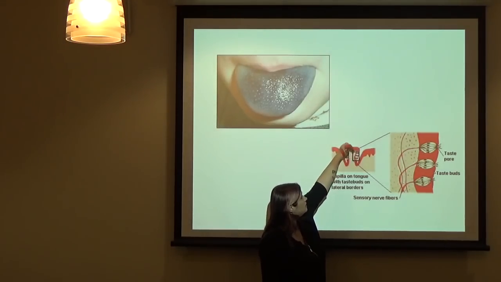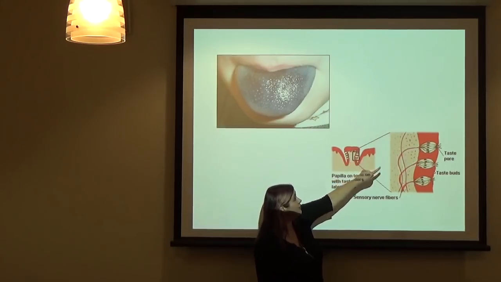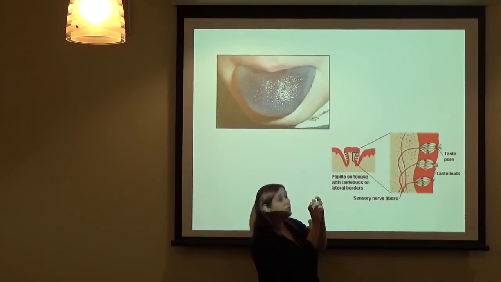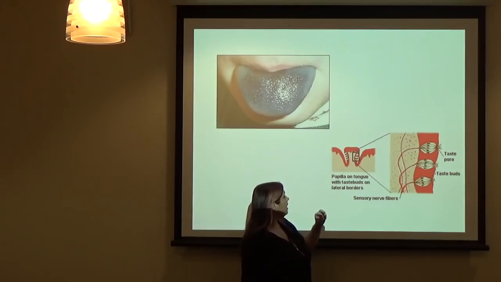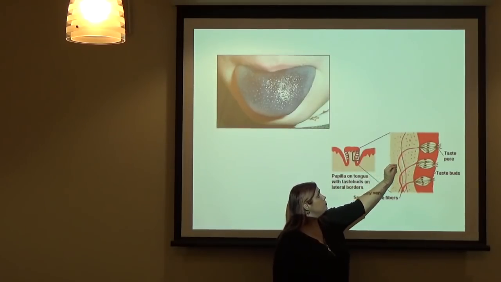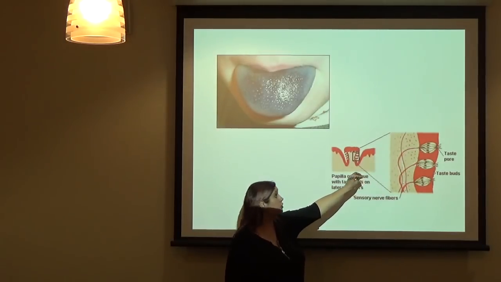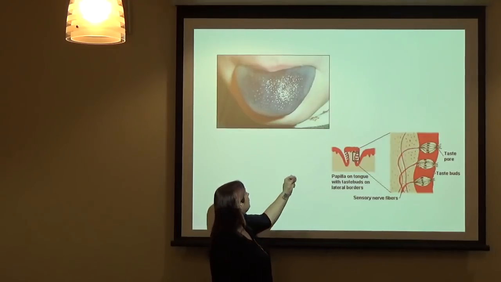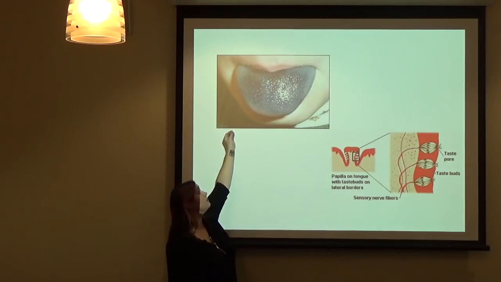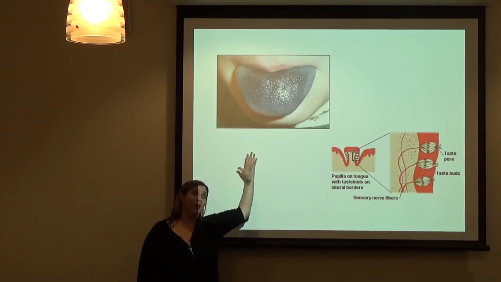It goes inside your papilla into the taste bud, and it binds at the taste pore, at those little microvilli on the tops of the gustatory receptor cells. And then it's going to change the activity of those cells. Okay, the transduction is done by the taste receptor cells. And you can see here they have dyed the tongue, and so you can see the papillae on an actual tongue.